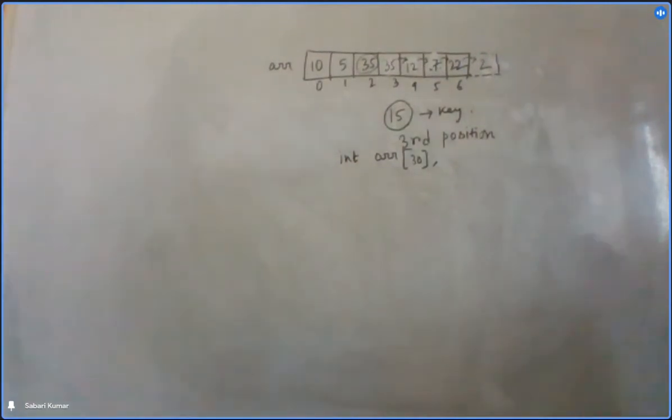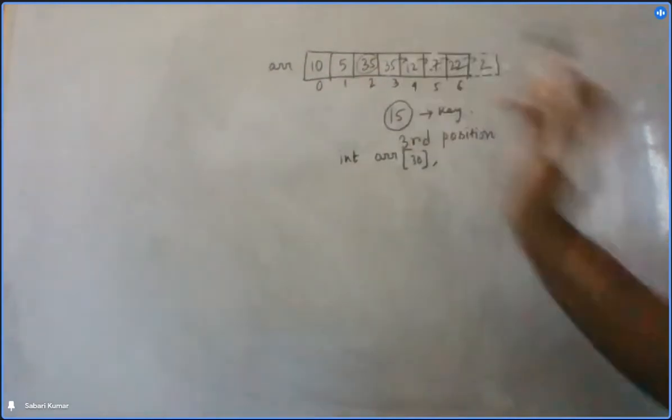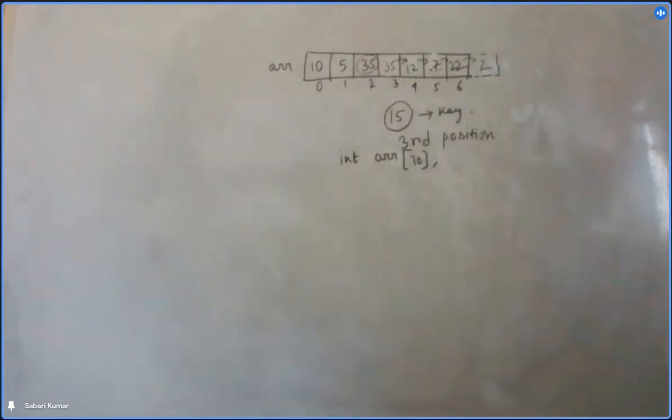Extra spaces are available. When you are going to perform that, first you will take this array input. I am not talking about array input again, because you know how using loop structure you can insert the element in the array.